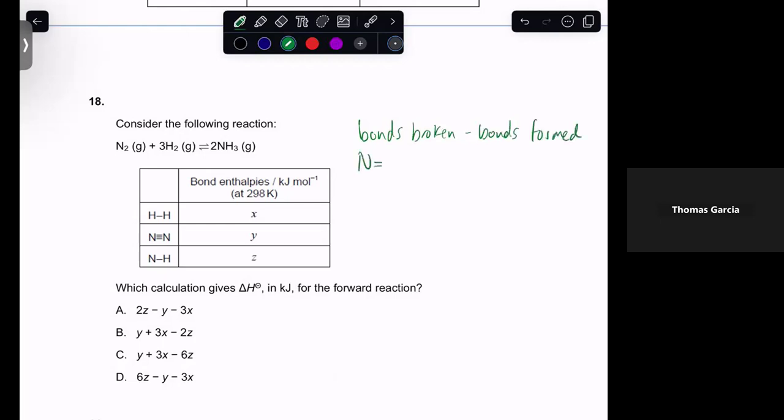We have the N triple bond N broken plus 3 H bond H broken minus 2 times 3 times N single bond H. So when I do this whole thing, I find N triple bond N Y plus 3 H bond H X minus 2 times 3 is 6 times Z. Y plus 3X minus 6Z, C.